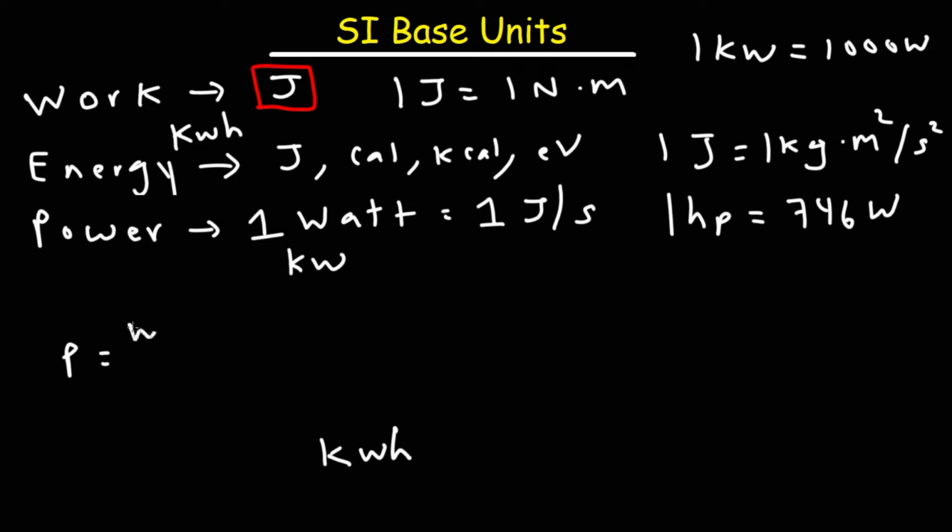Remember how we said that power is work over time? You can also describe power as being energy over time. Energy and work are related to each other. They have the same units. If you solve for energy by multiplying both sides by t, you get that energy is power multiplied by time.